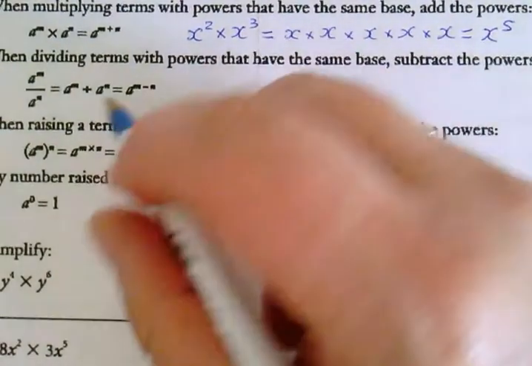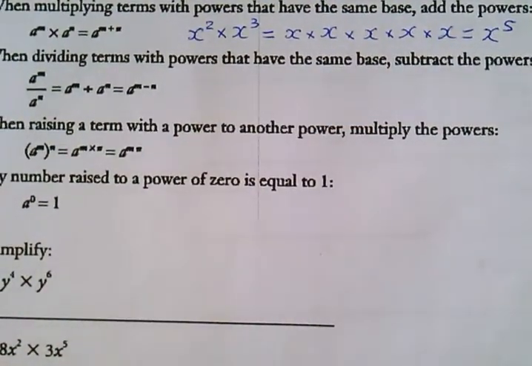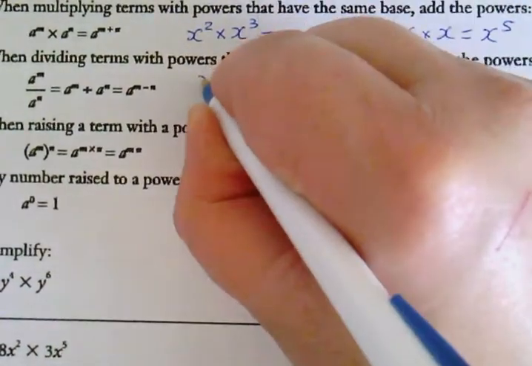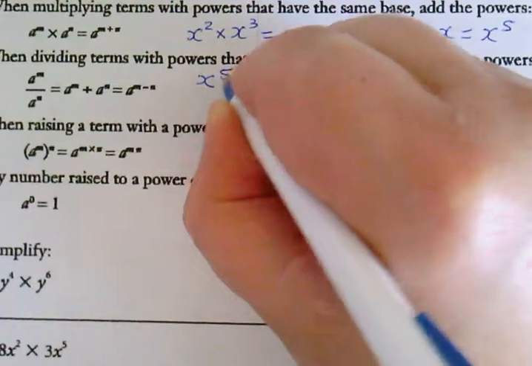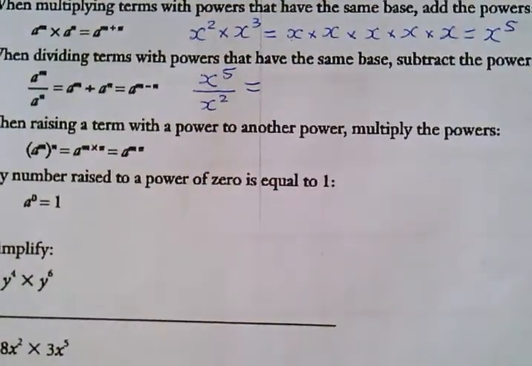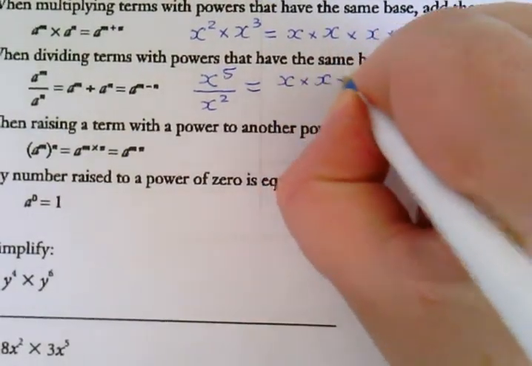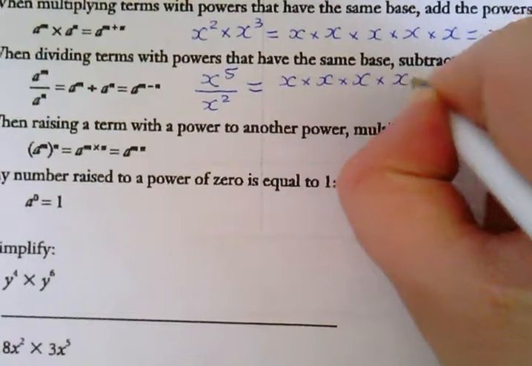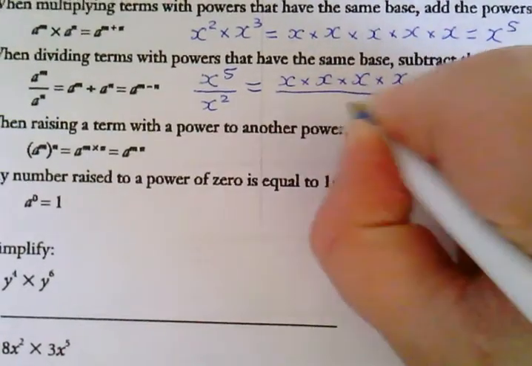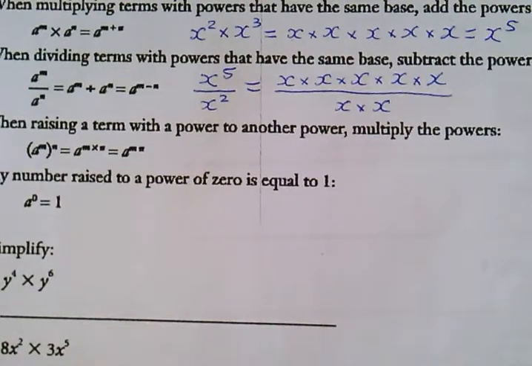Now, the second index law is a to the power of m divided by a to the power of n is a to the power of m minus n. I'm going to show you why this is the case. x to the power of 5 divided by x squared. That's an example. Isn't x to the power of 5 x multiplied by itself 5 times? And x squared is x multiplied by itself twice.